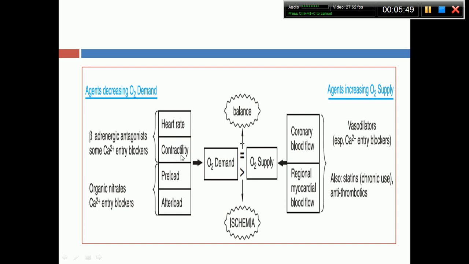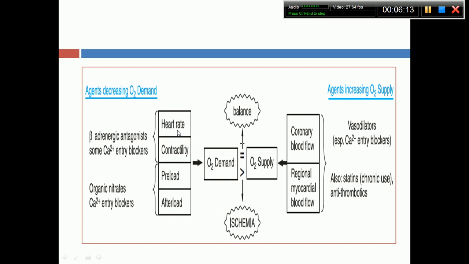Contractility is the force of contraction. The greater the force required by the heart to contract, the greater the oxygen demand. If heart rate is increased many folds, for example to 110, it requires more oxygen by the myocardium to work efficiently.